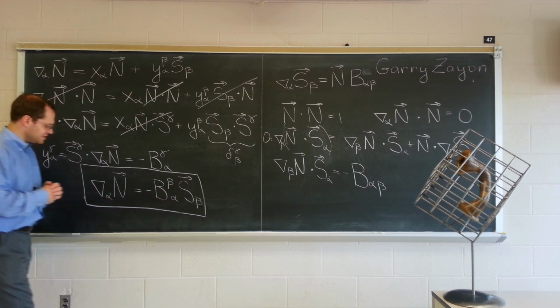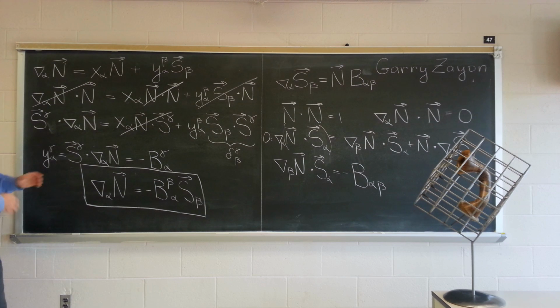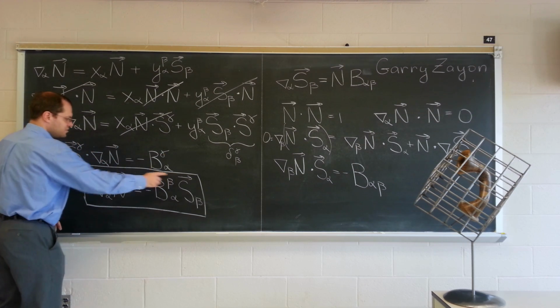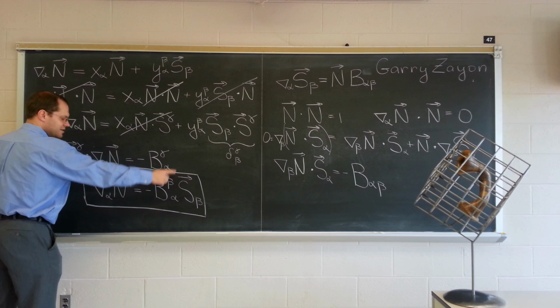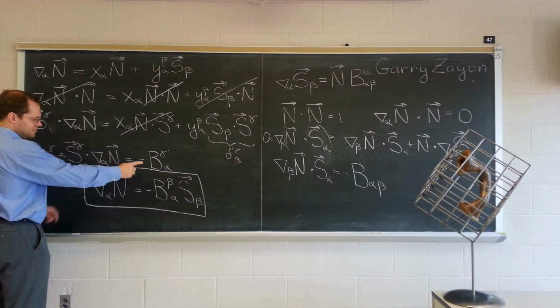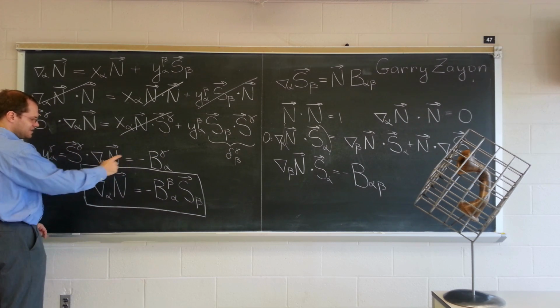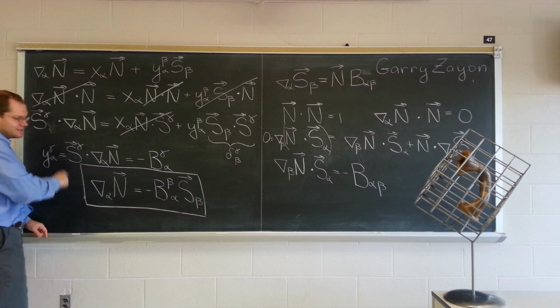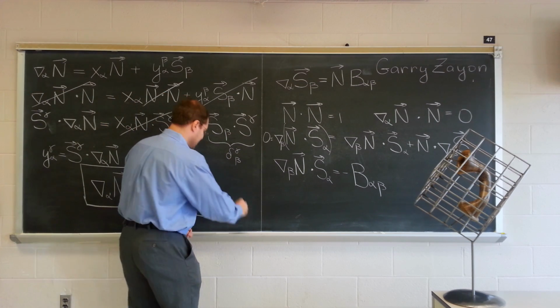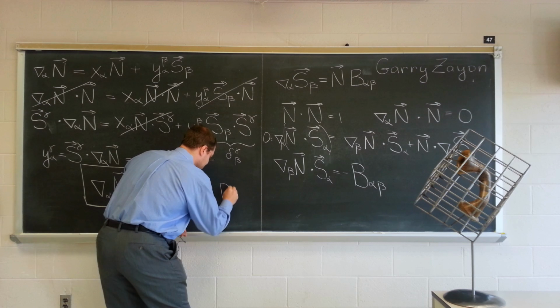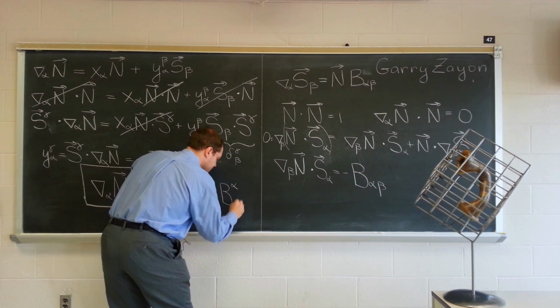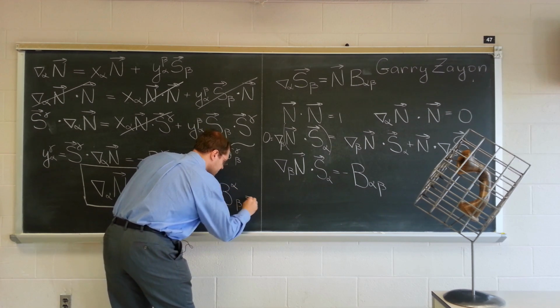So everything's consistent. And actually, I think that this relationship also deserves to be boxed in a slightly different way. I'm about to rename a couple of indices and move the minus sign to the right-hand side. And then you can think of it as another explicit relationship for the curvature tensor.